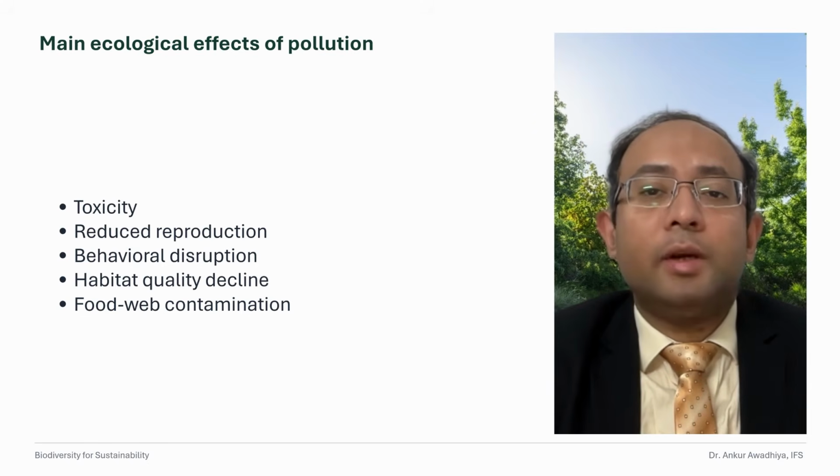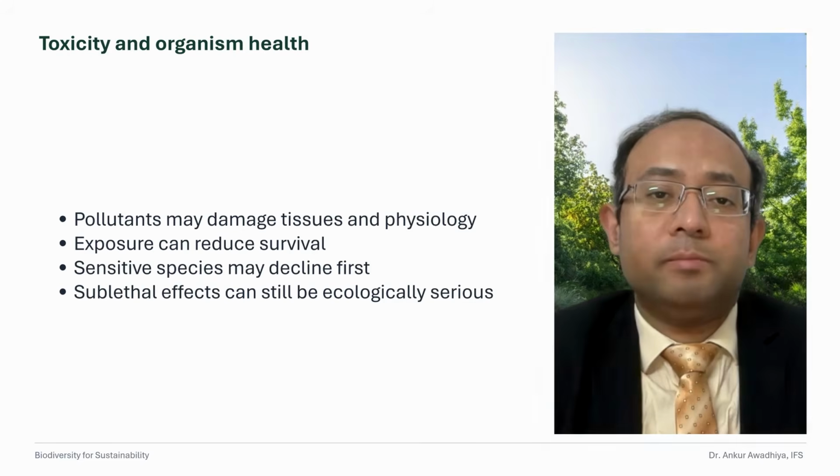The fourth is habitat quality decline, where pollution degrades ecological suitability even when the habitat physically remains. The fifth is food web contamination, where pollutants move through ecological relationships. Now, these effects are not always separate. They can combine and reinforce each other in the same system.